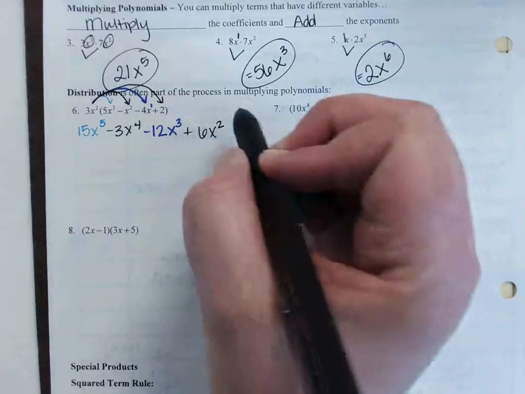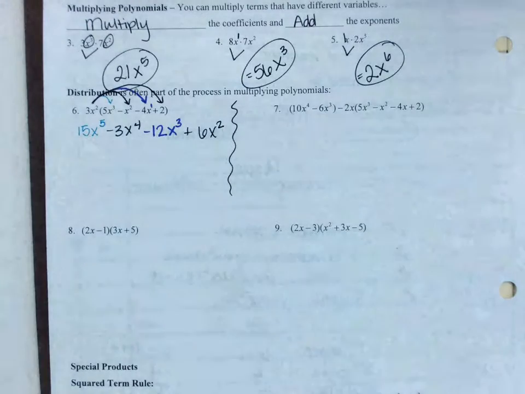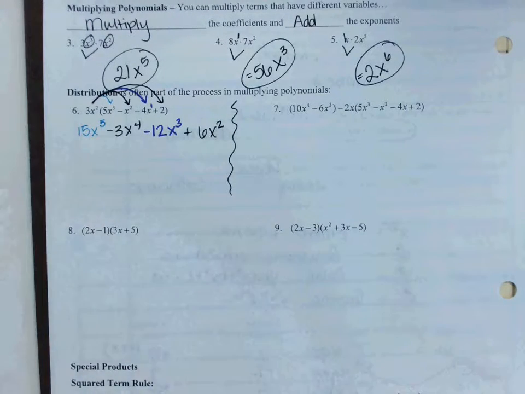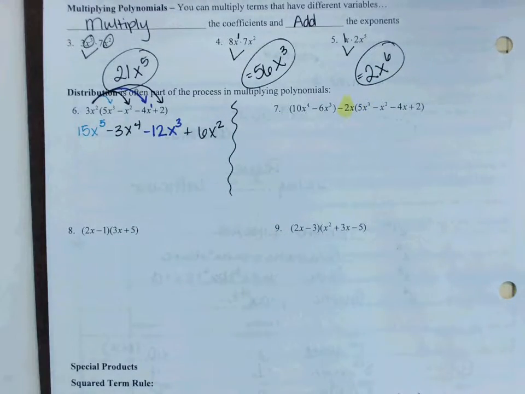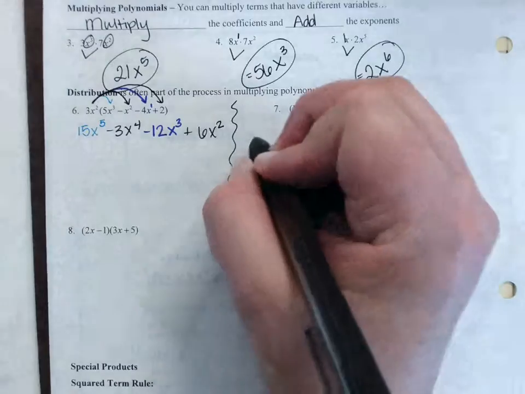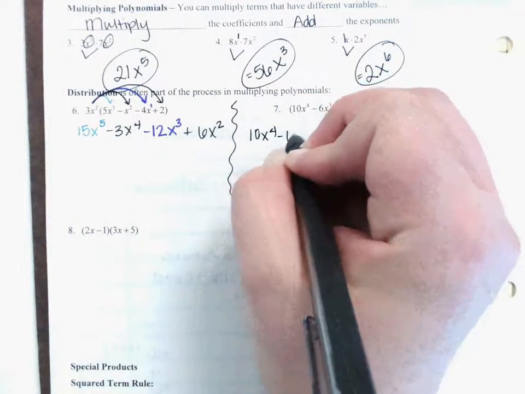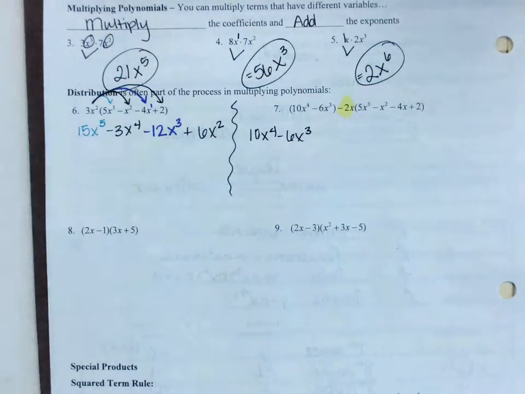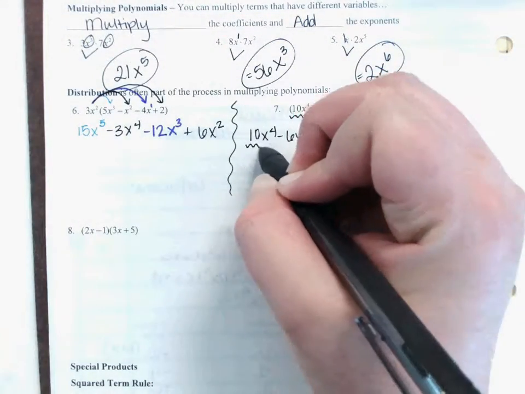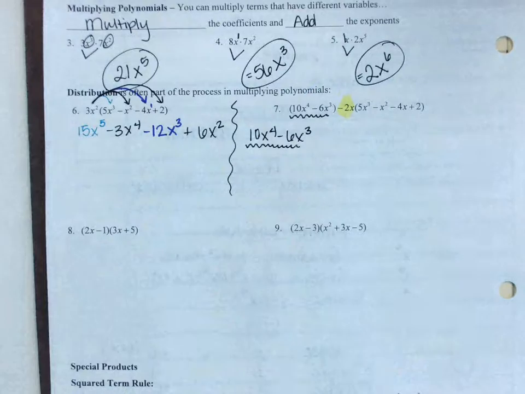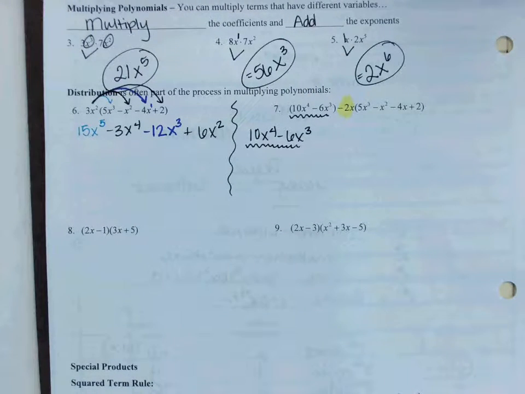Okay, take a look at number 7 right next to it. Where am I going to distribute on number 7? Am I distributing in the first parentheses? No, so I'm going to leave that the same. 10x to the 4 minus 6x cubed, I'm going to leave that exactly the same. So this guy and this guy just carry down. I'm not distributing there at all. But then when I do my 2x, I need to bring the minus in with it as well.